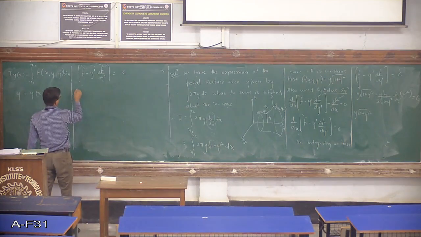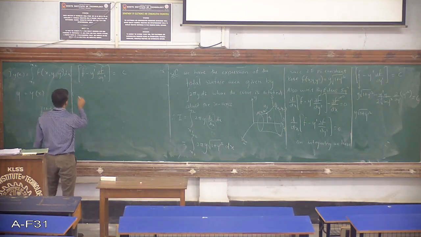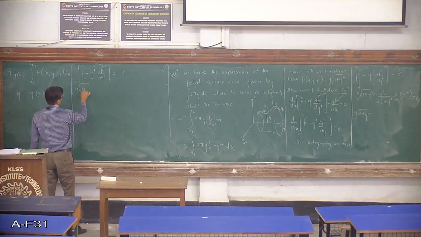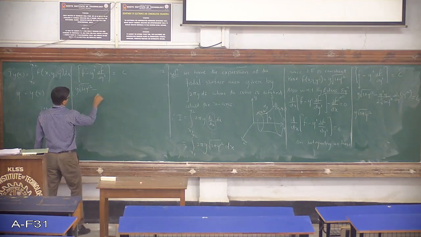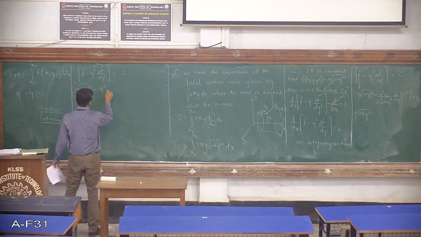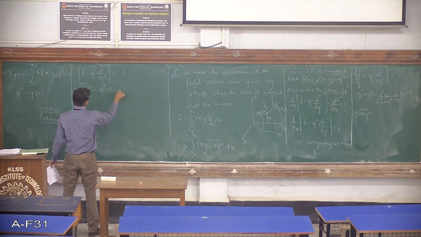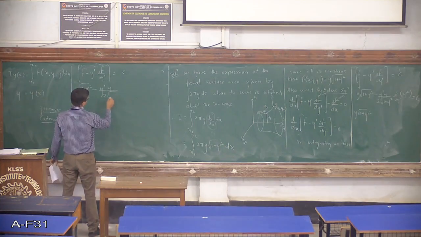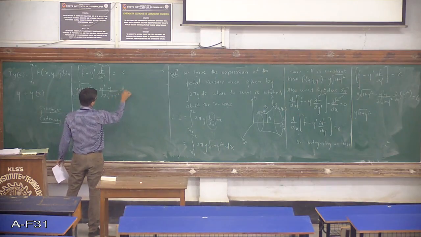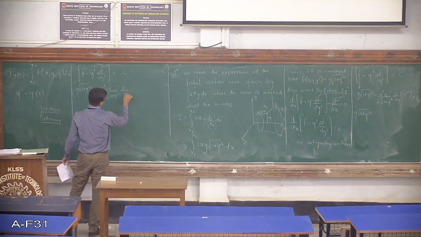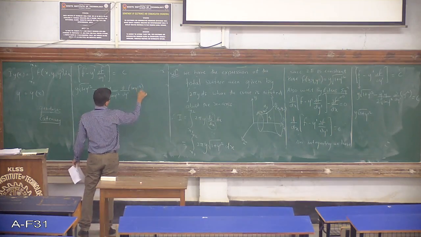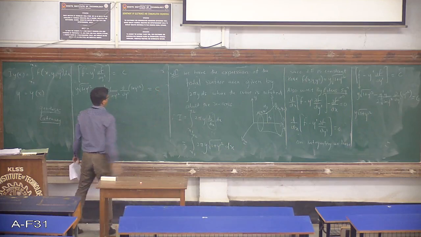So this value of f is y inside the bracket, that is square root of 1 plus y1 prime square, minus y prime times ∂f/∂y prime, which is y divided by 2 root 1 plus y1 square into ∂/∂y prime of 1 plus y prime square, which is equal to c.